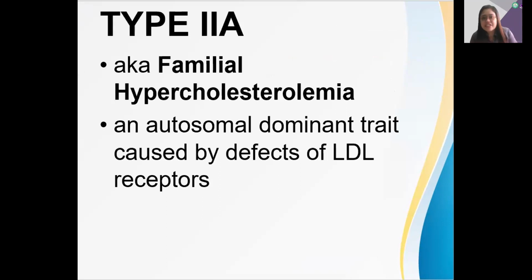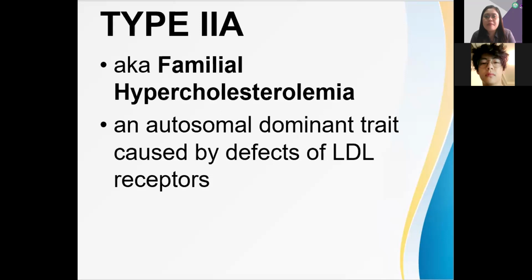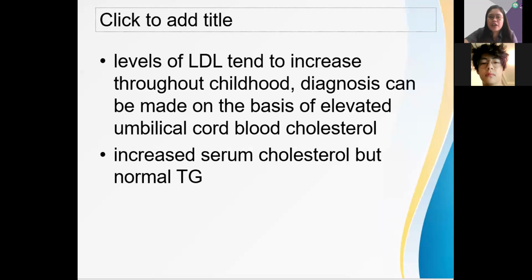Now, the type 2A is called familial hypercholesterolemia, which is again a genetic defect. This time, the problem is on the LDL receptor. So remember that the LDL is one type of cholesterol, and that if it is increased in the blood, of course, we call it hypercholesterolemia.